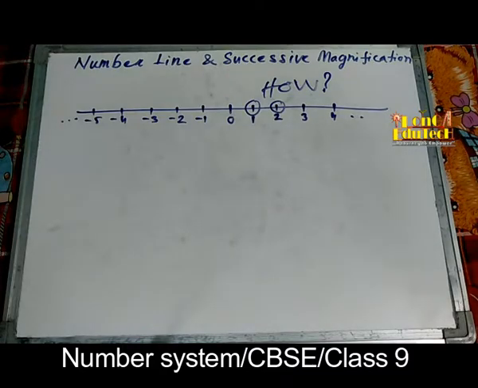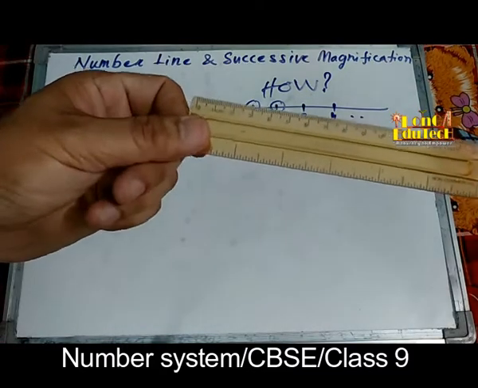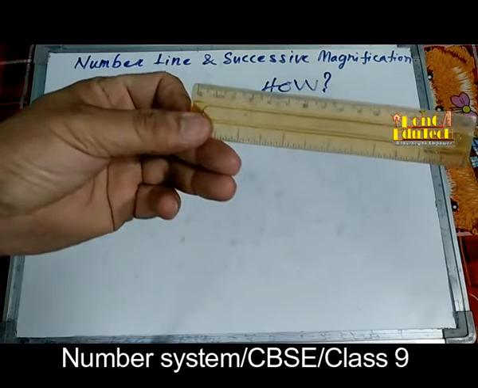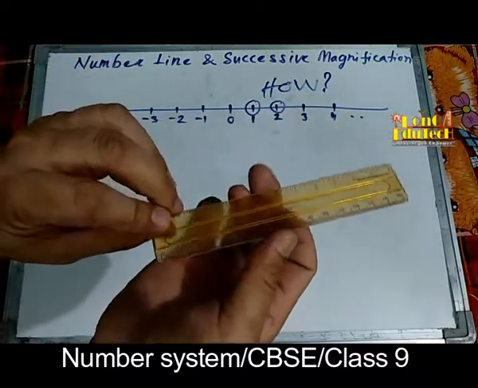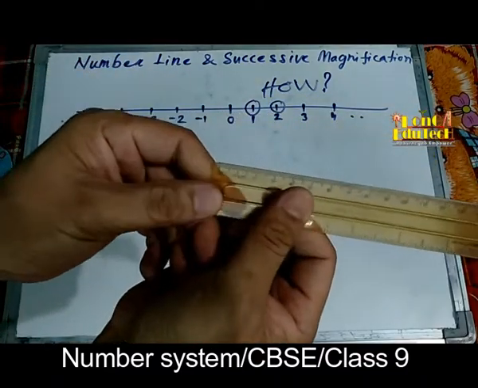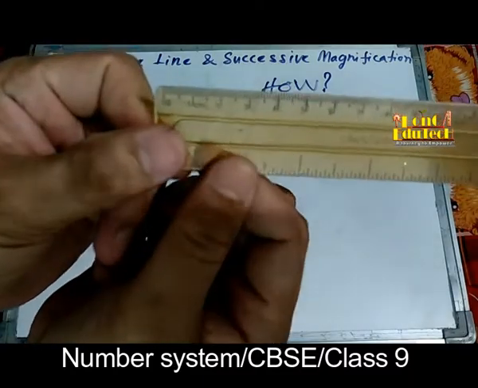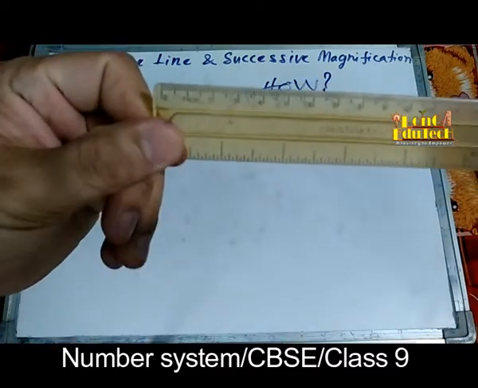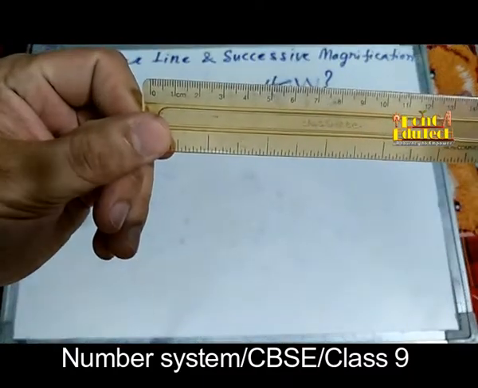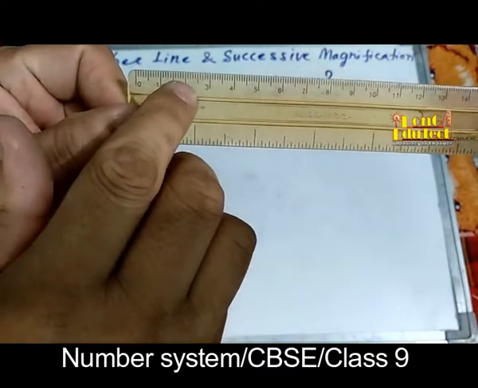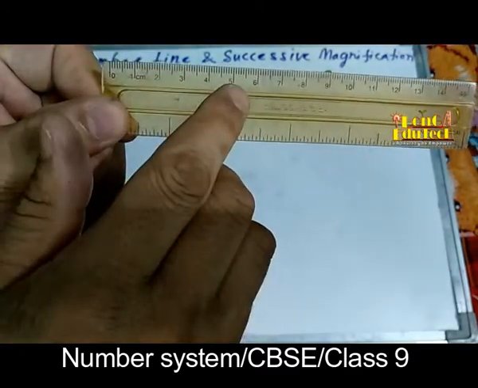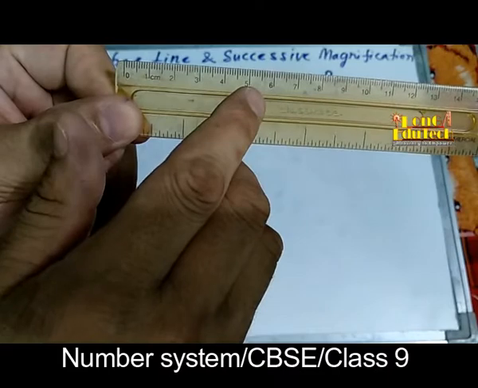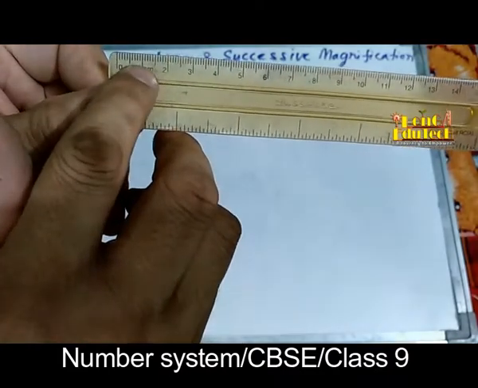To understand it better, we will use a ruler, or scale. Here this is 0, 1, and this is 2, 3, 4, 5, right? What do you see between 1 and 2?